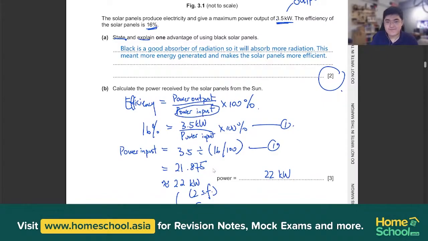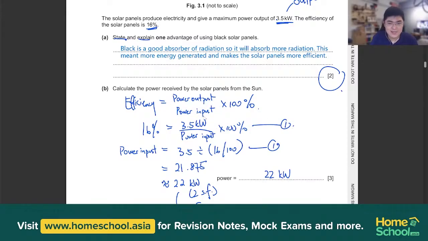So basically, we use this equation: efficiency equals power output divided by power input multiplied by 100%. So the efficiency is 16%, so we plug it right here. And the power output is 3.5 kilowatts, which also equals 3,500 watts.